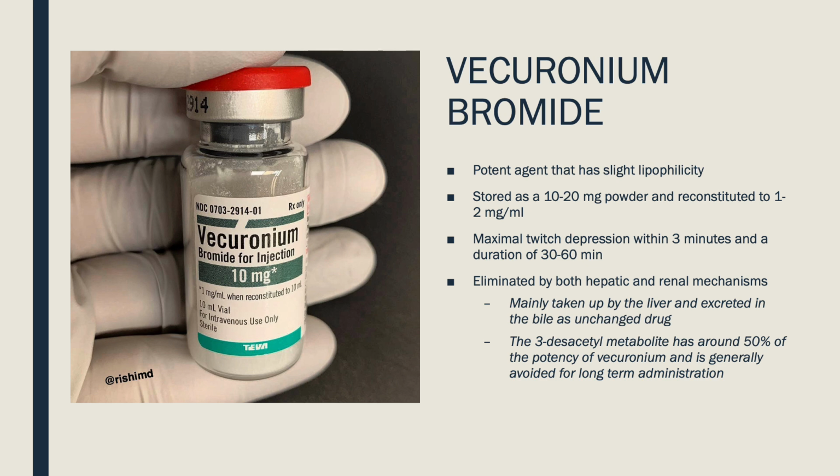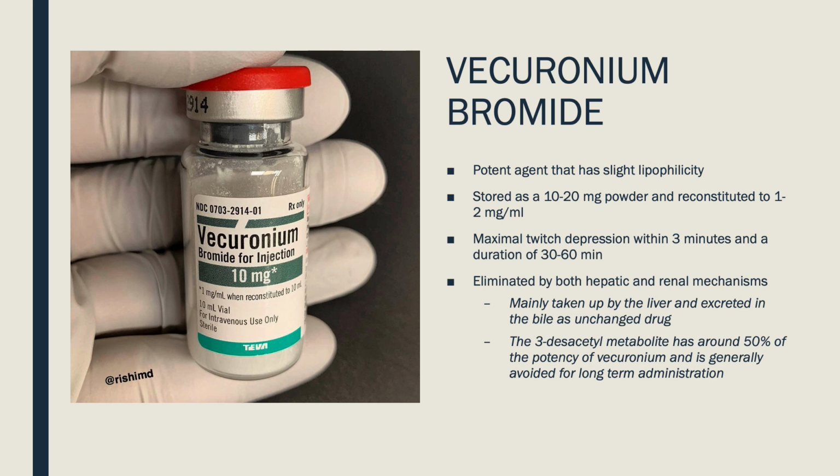So with that in mind, vecuronium is ideal in cases where it's going to be 2 hours plus, and it can be titrated. The historical teaching is vecuronium was more predictable. Rocuronium gets a bad rep for being unpredictable.